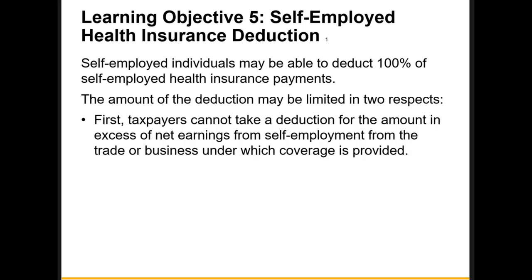Okay? You cannot take a deduction for the amount in excess of net earnings from self-employment from the trade or business under which the coverage is provided. What does that mean? Well, if your business has revenues of $10,000, expenses of $5,000, so there's earnings from that business of $5,000, the most that you could have in health insurance deduction would be $5,000.